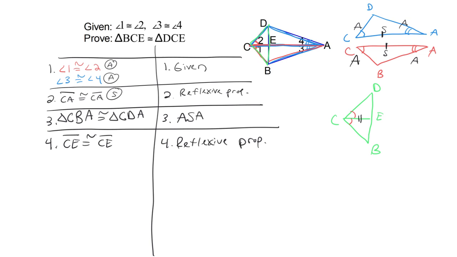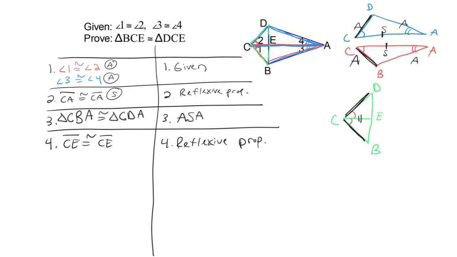So here's the trick with these. If we know that these 2 bigger triangles are congruent, we can use a part from these 2 to say that these are congruent. So you have to ask yourself, what side or angle is in the big triangle and also in the small triangle? Hopefully we can figure out that this side CD is the same in both the big and the small.